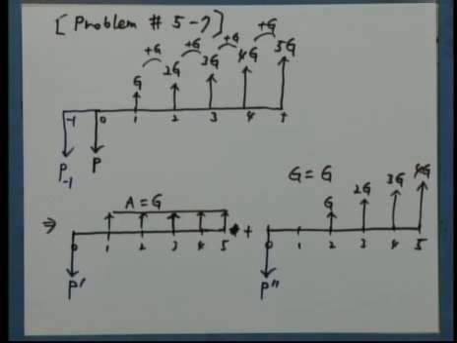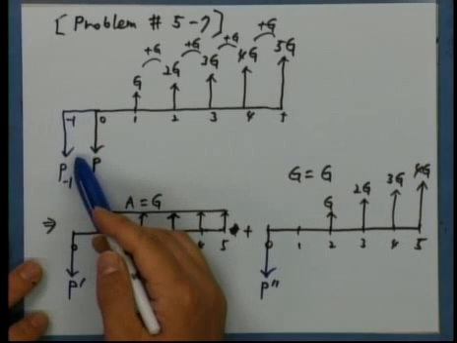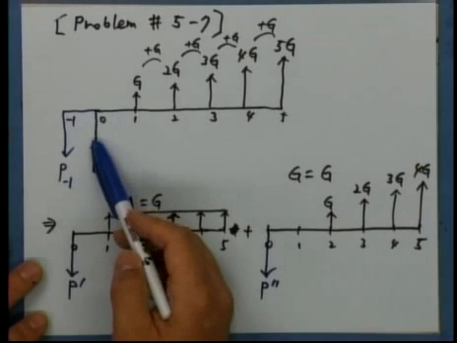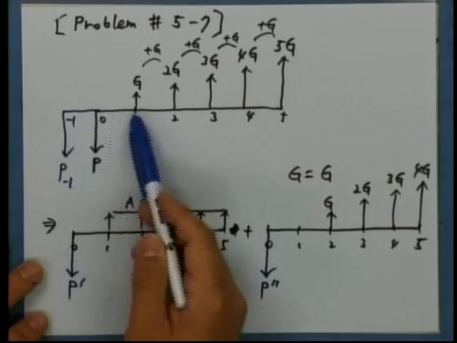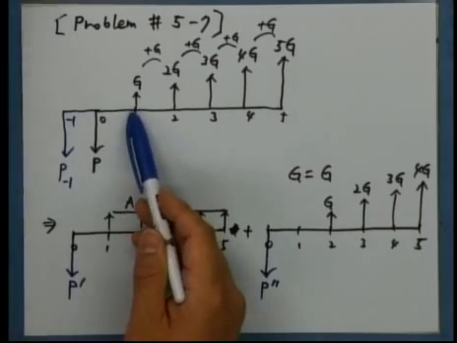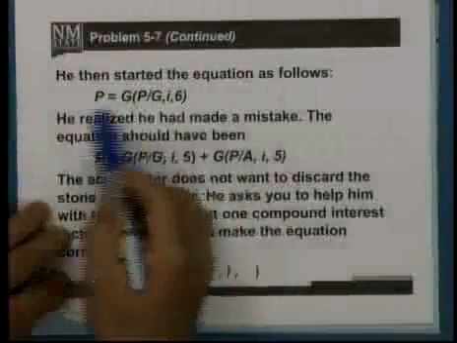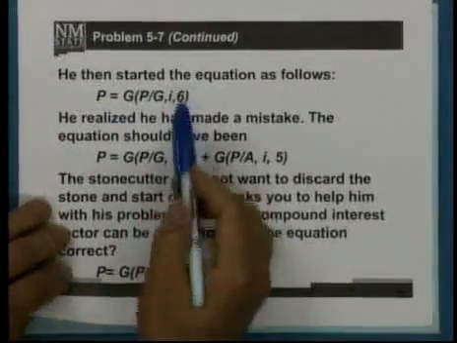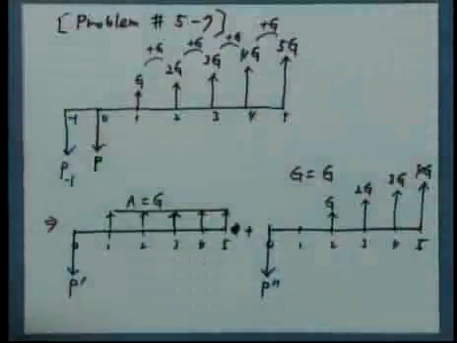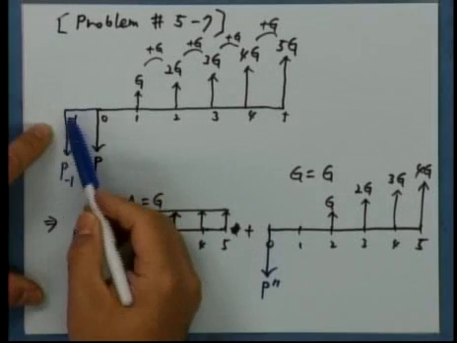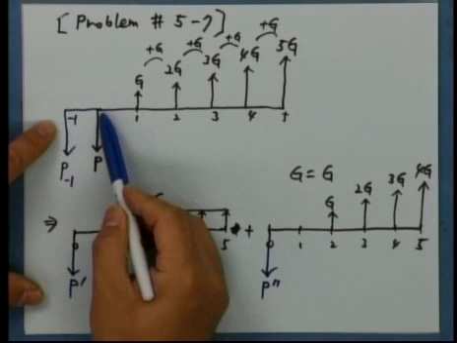You remember in the arithmetic gradient series, the first period has 0 cash flow, and the first non-zero cash flow occurs at the end of period 2. So if he wants to use this equation, the P value should be located at the end of period -1 instead of 0. Okay?